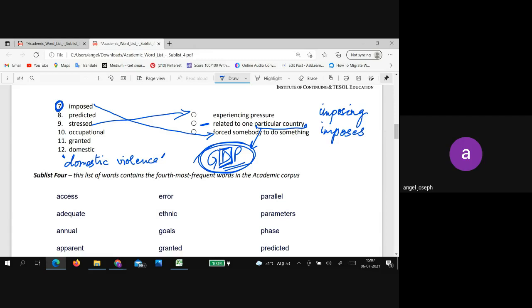Physical violence is of course beating up a person, pushing, punching. All that comes under domestic violence. It is not only fighting; it can be mental also.